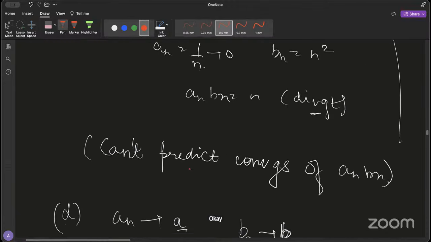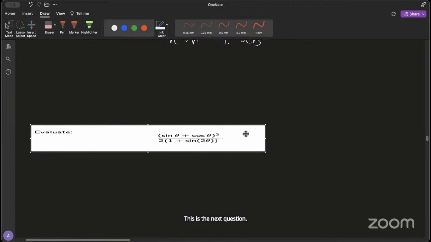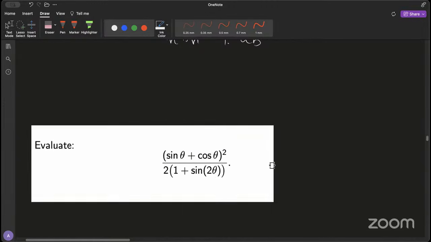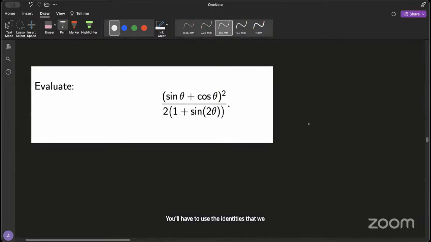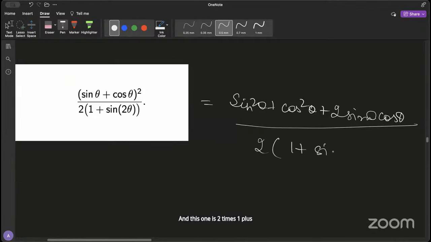Okay, so this is the next question. You will have to use the identities that we have discussed in the class yesterday. So this expression simplifies to sine square theta plus cos square theta plus 2 sine theta cos theta. Now there are two things here.